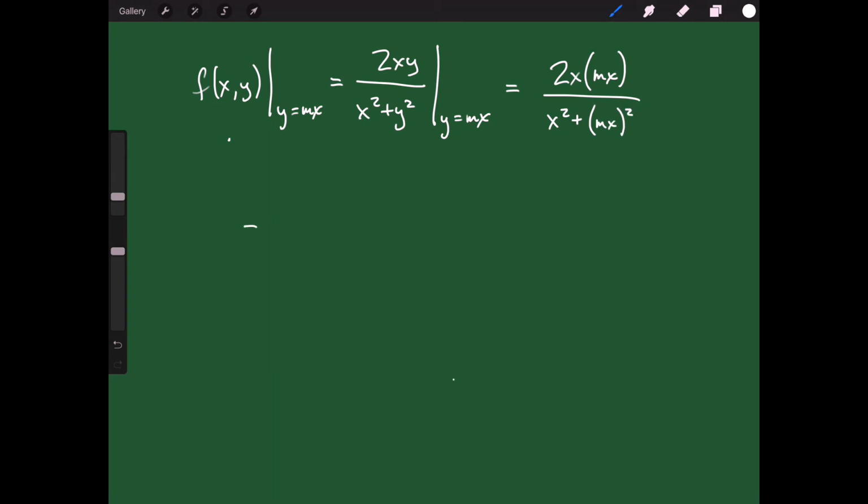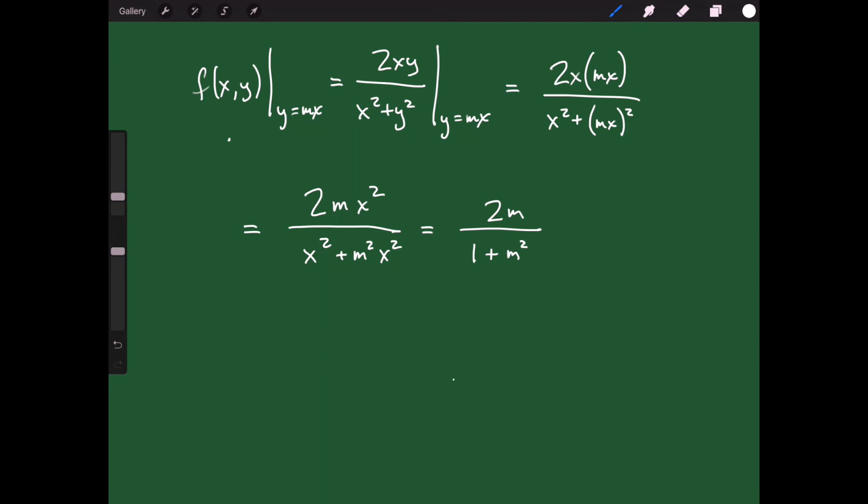Okay, let's rewrite that again. This is 2m x squared divided by x squared plus m squared x squared. Everything has an x squared, so I can cancel the x squared on top and bottom, and I get 2m on top, and on bottom I get 1 plus m squared.